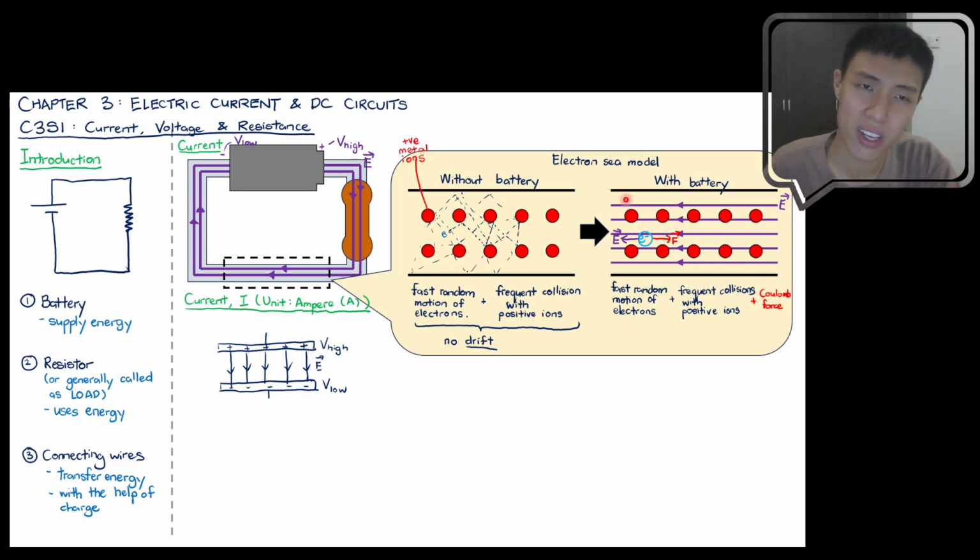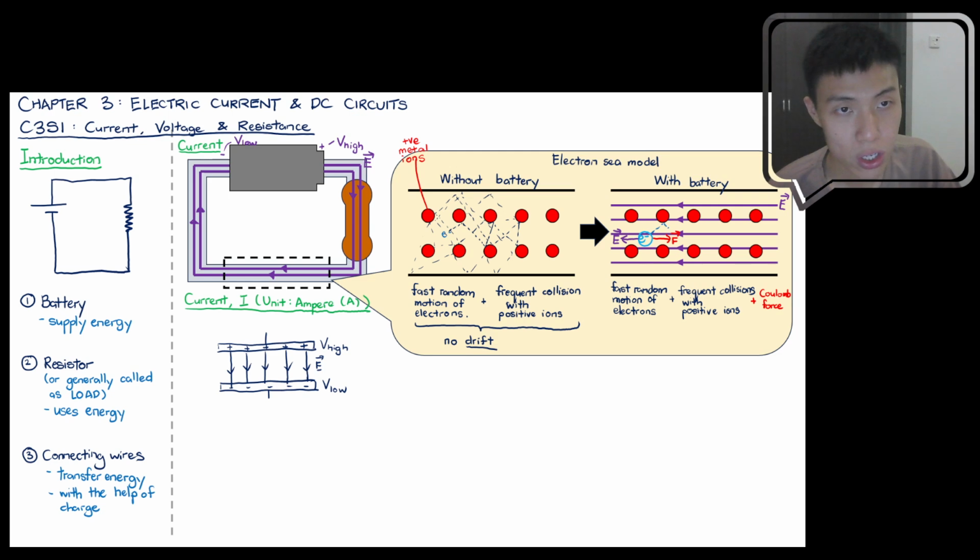You can think of it as putting a fan over here to exert a large force. So even though the motion is random, there's a constant force pushing it to the right. That's why this electron eventually will drift to the right. Let me draw how it moves.